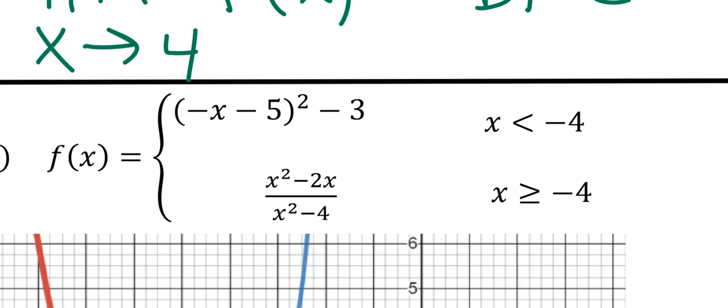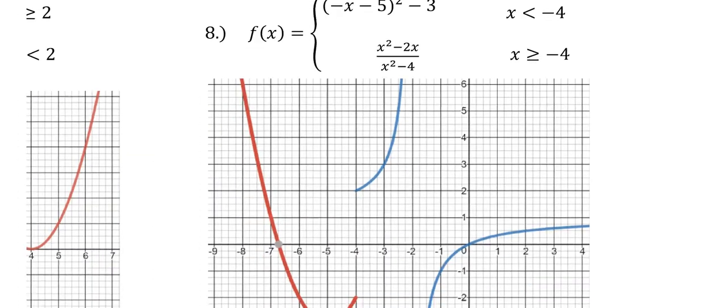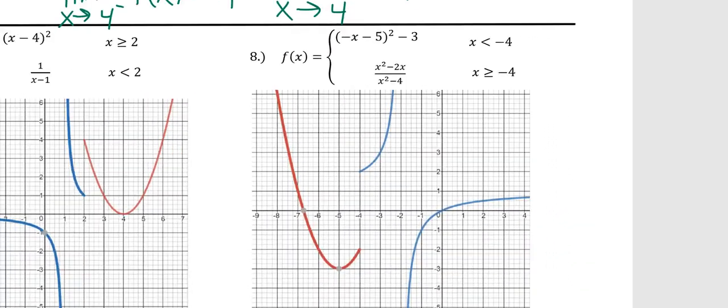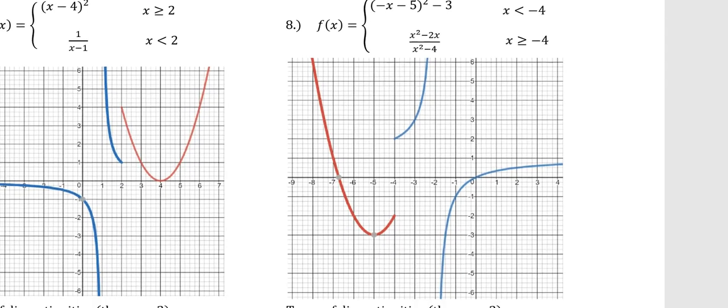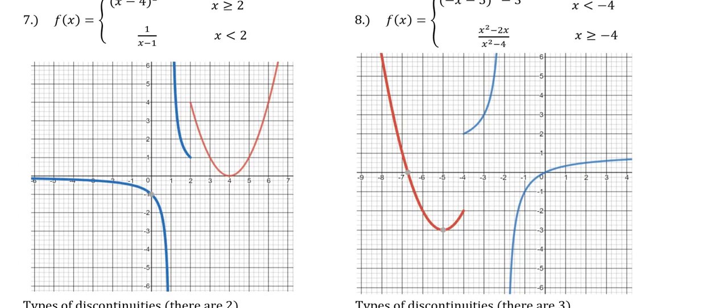Do you have that second one written down? Yes. Do you have it written down somewhere? Okay. All right, so there are 3 points of discontinuity in this particular picture. Find all 3 of them.